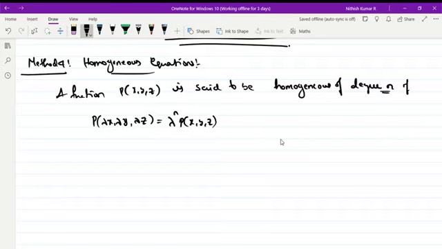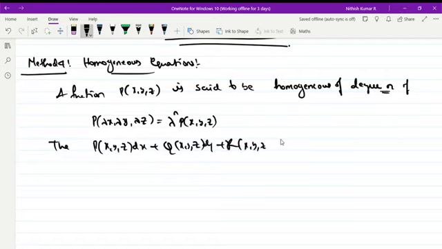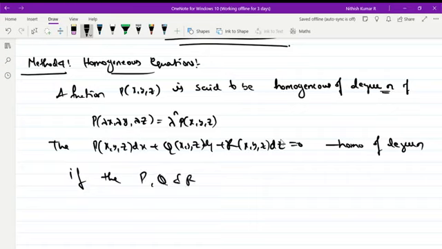So the Pfaffian differential equation, p of x comma y comma z dx plus q of x comma y comma z dy plus r of x comma y comma z dz equal to 0, is said to be homogeneous of degree n if the functions p, q and r are homogeneous of degree n.